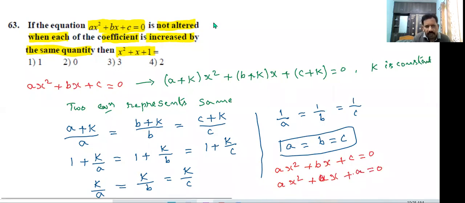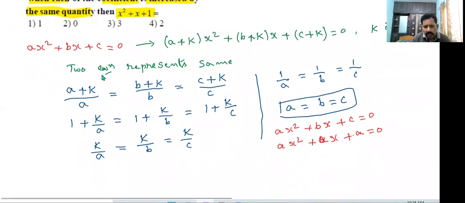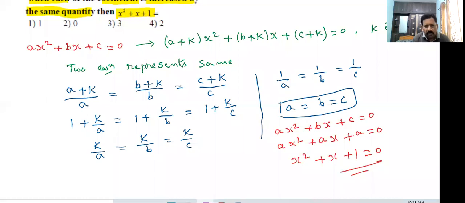Take a common and send it to the right hand side. Then what about the remaining equation? We get x square plus x plus 1 is equal to 0.